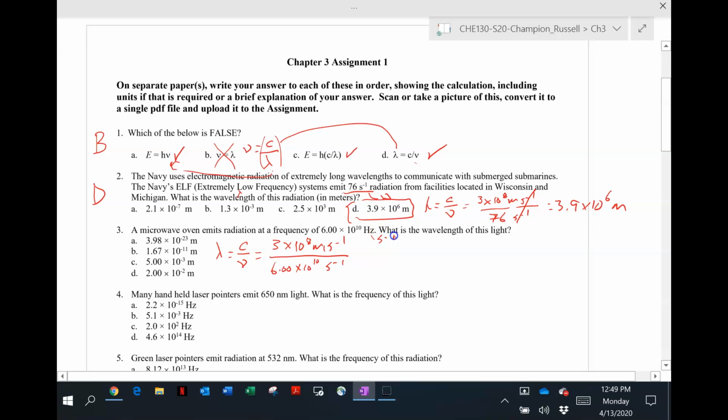So seconds to the minus 1 again cancels out. 3 divided by 6 would be a half. 10 to the 8th divided by 10 to the 10th is going to be 10 to the negative 2. So a half times 10 to the negative 2 is going to be something like 5 times 10 to the negative 3, which we can do even without using a calculator.